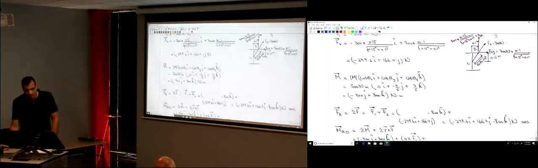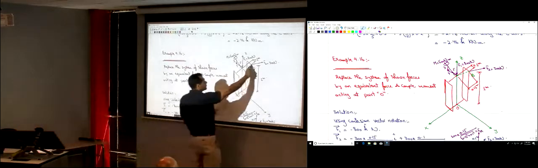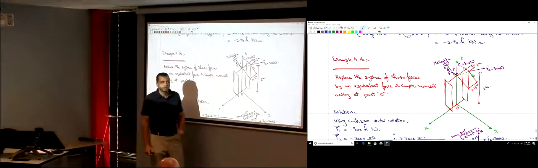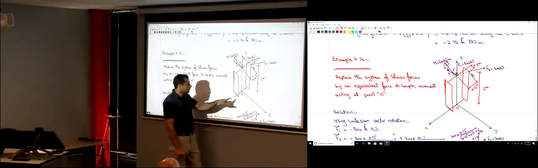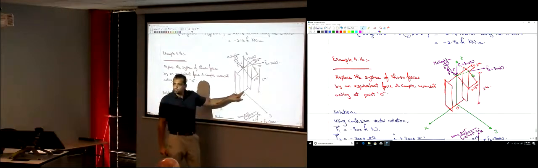And then we have the moment of F2. How to find the moment of F2? R times F2. What's R? The position vector from point O to any point along the line of action of the force.